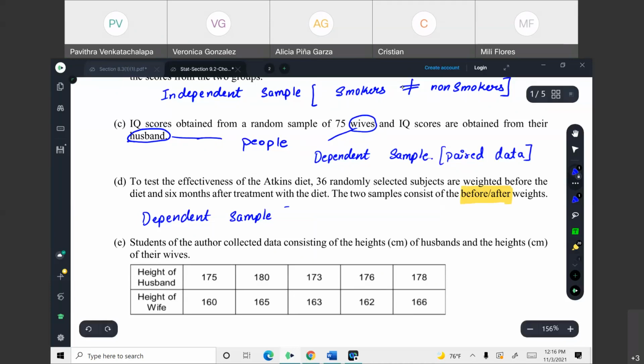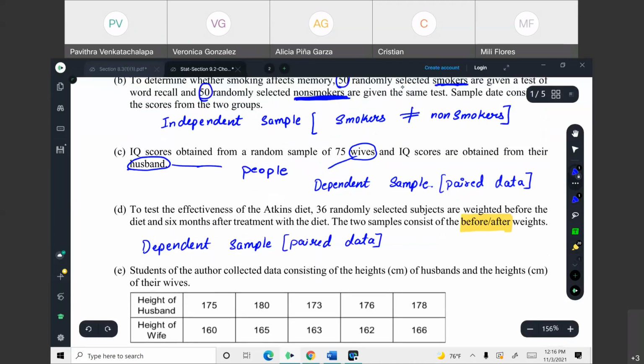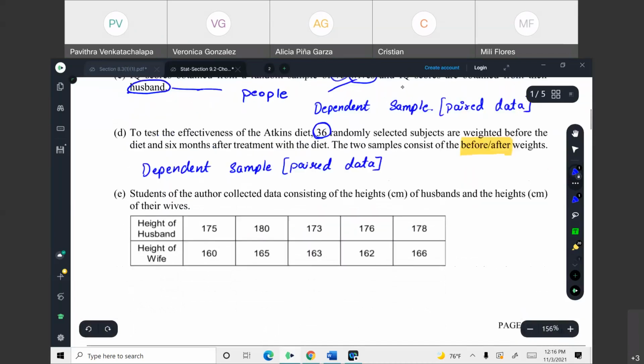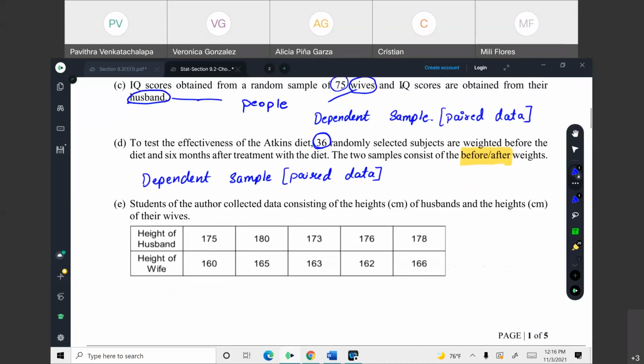Okay, so this is paired data. So most of the time when it comes to dependent samples, you will have only one values given. This could give you some hint that this can be a dependent sample. Now, this cannot happen all the time, but most of the times.